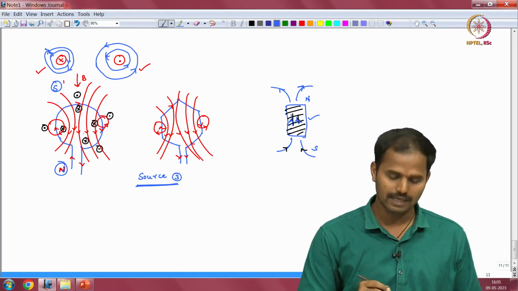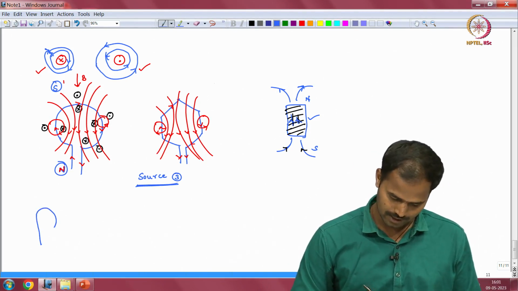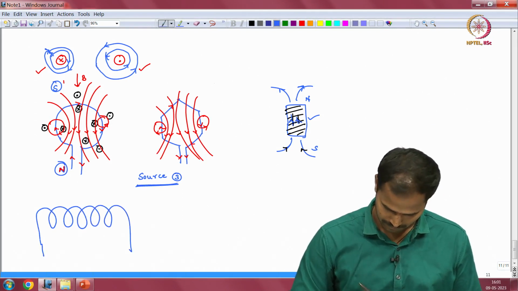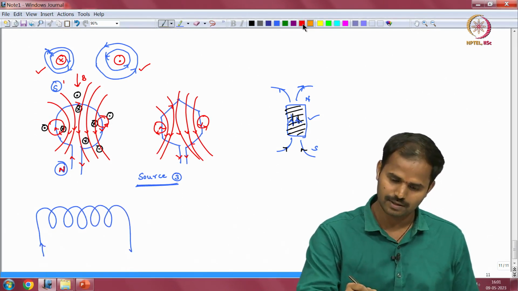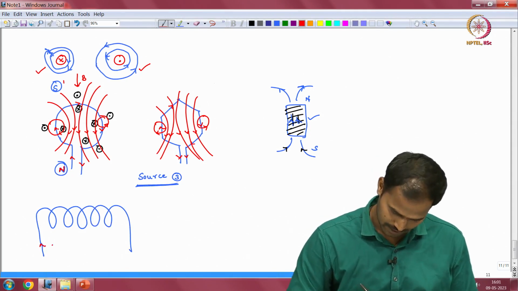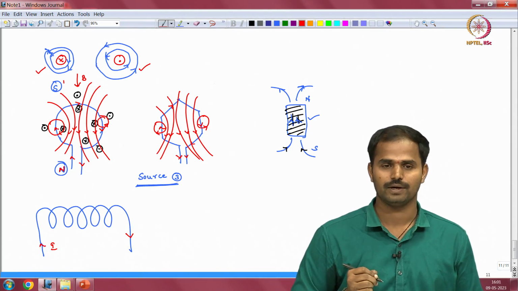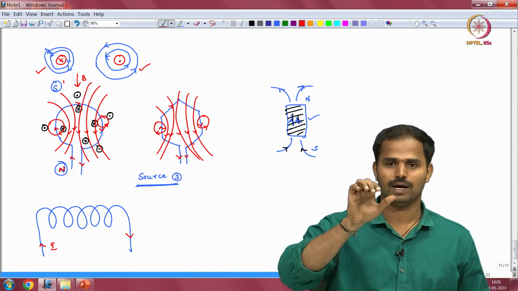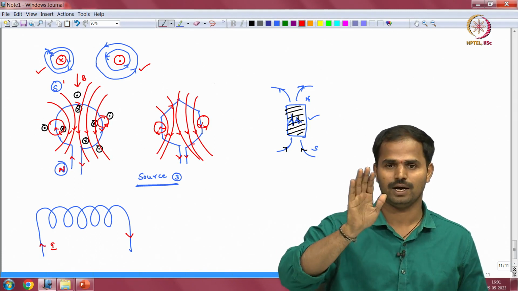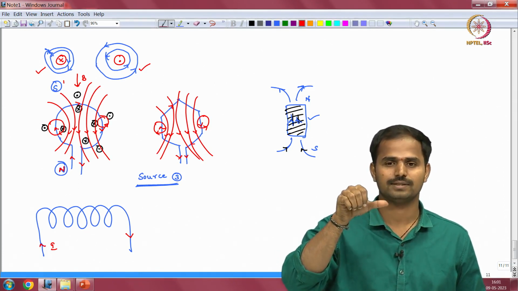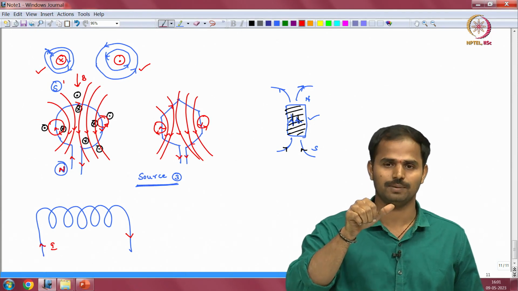And instead of a singleton coil, let us consider the solenoid in this manner. And we are exciting this coil with a current I, current going in and coming out. Apply the thumb rule and assume that I am representing the current with fingers, and flux is with respect to the thumb.